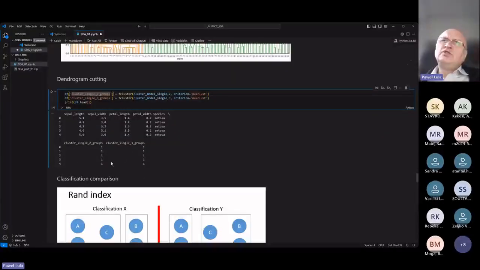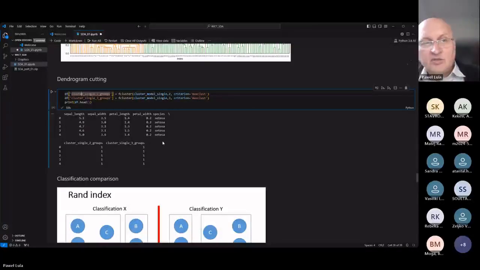And I want to compare this information which I obtained here with the information about the proper way of assignment of objects to clusters, which we have in the column species here.